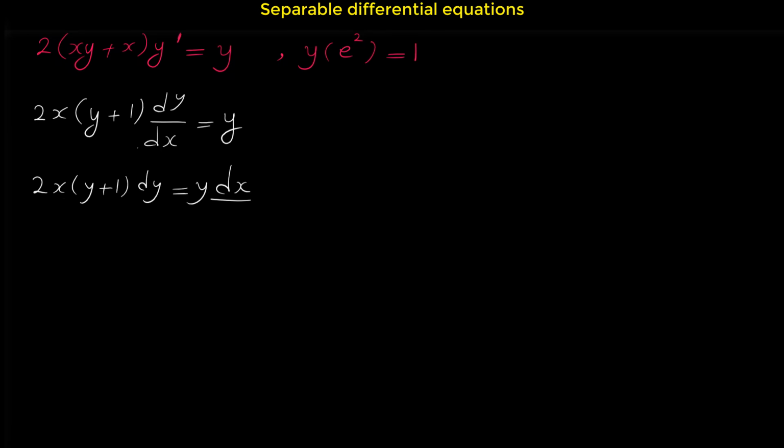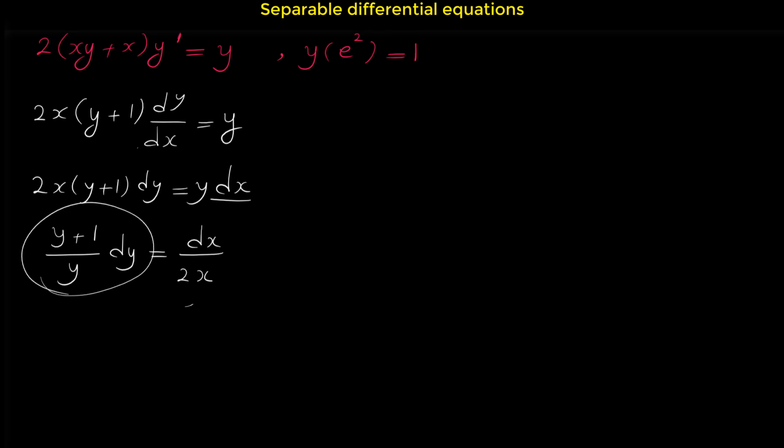So we can write this equation in the form of y plus 1 over y dy is equal to dx over 2x. Now the differential equation is in separable form, and we can find the solution by integrating the left and right sides of this equation.